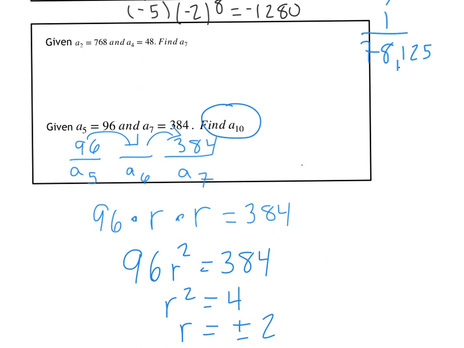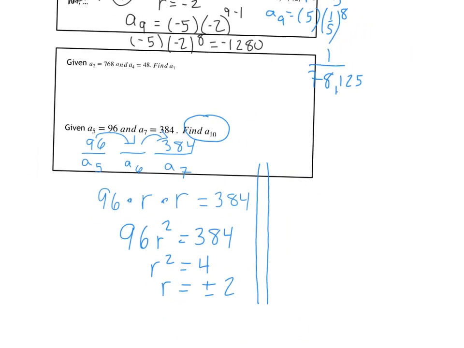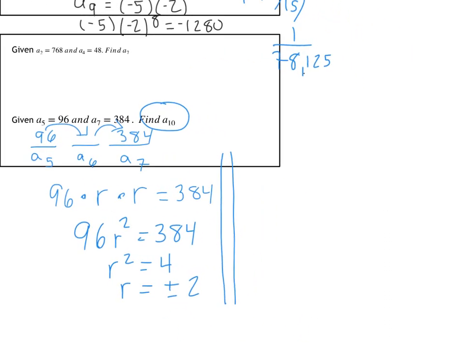So the second part of the problem is going to be taking the r and finding the 10th term. So I'm going to want to go out 8th, 9th, 10th. The 8th term, the 9th term, the 10th term.